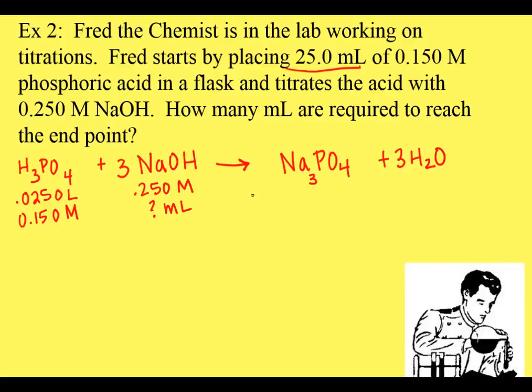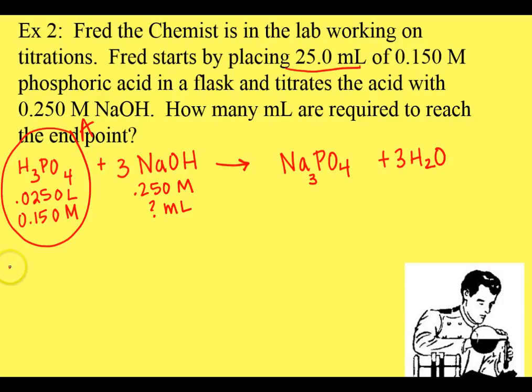Thinking about this from a stoichiometry standpoint, we want to eventually get to moles. Moles can be found by taking molarity times liters. So by listing the information in this way, I have found that phosphoric acid is my A because I have both a molarity and a liters for that substance.